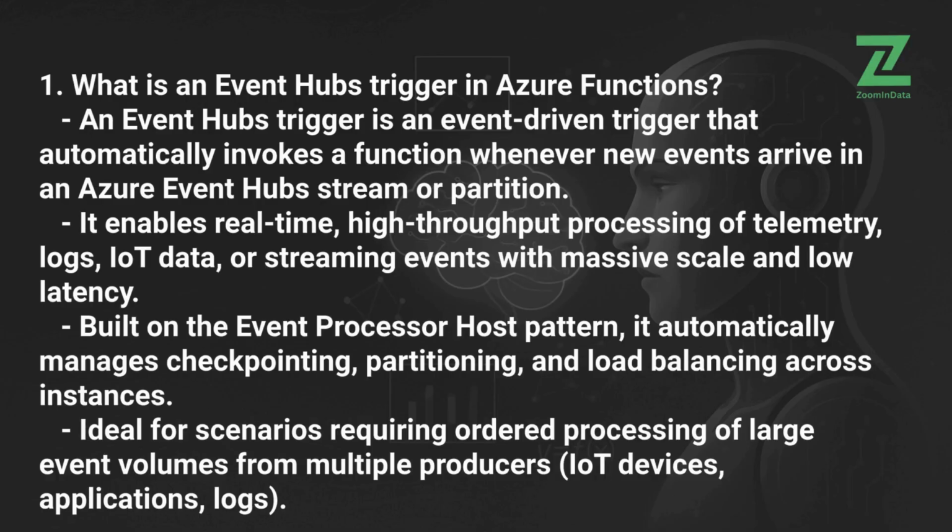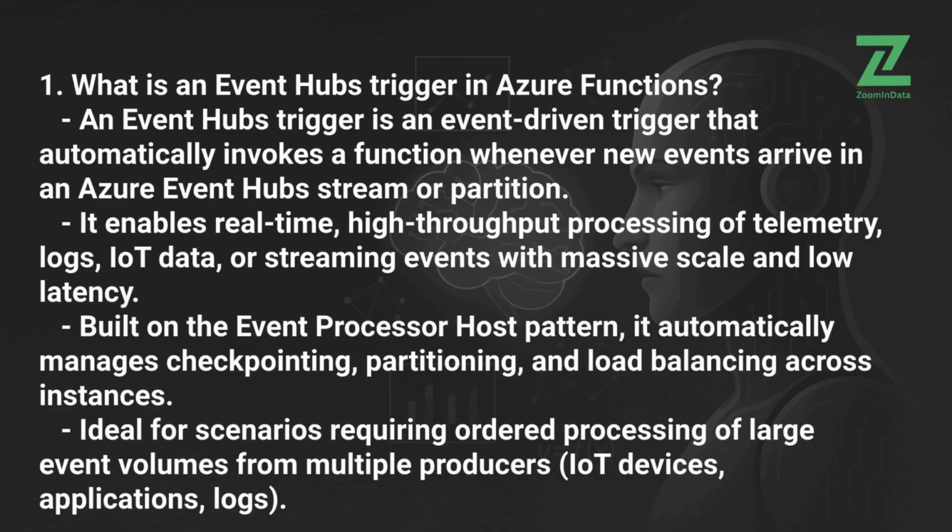1. What is an Event Hubs trigger in Azure Functions? An Event Hubs trigger is an event-driven trigger that automatically invokes a function whenever new events arrive in an Azure Event Hubs stream or partition. It enables real-time, high-throughput processing of telemetry, logs, IoT data, or streaming events with massive scale and low latency.